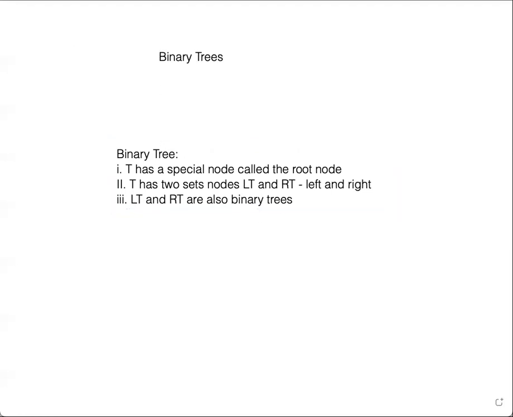So what does this mean in practicality? My Apple pencil has died, so I'm reduced to drawing with my mouse, which is not great, but hopefully we get the idea. If we have a node, the node that we did for linked list, we drew like this. We had some data up here. That will be true. Where we had one link before, we're now going to have two links.